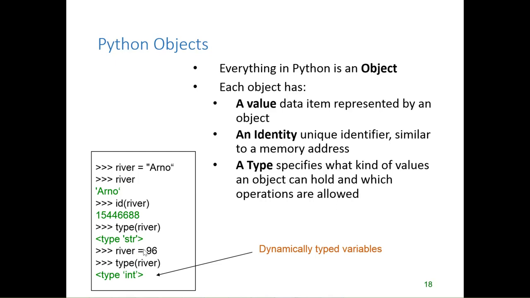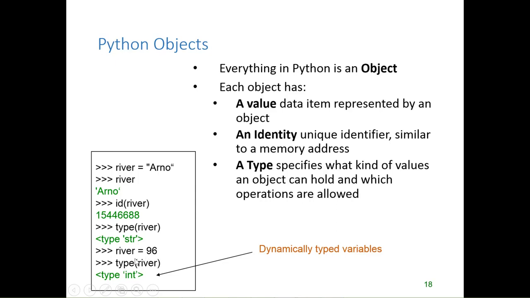Now, there's something special about Python that's good and bad. It has something called dynamic typing. You can take a variable that you've already been using and set it to another value of a different type. 96 is an integer type, whereas Arno, because it has quotes around it, is a string type.